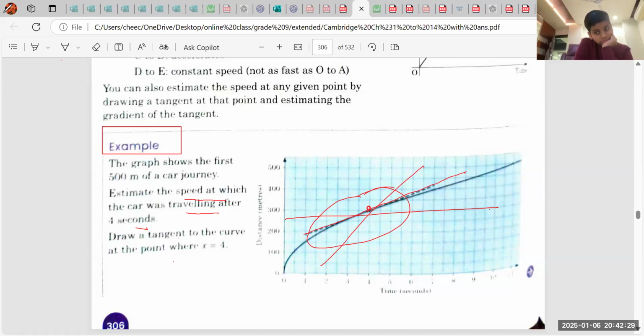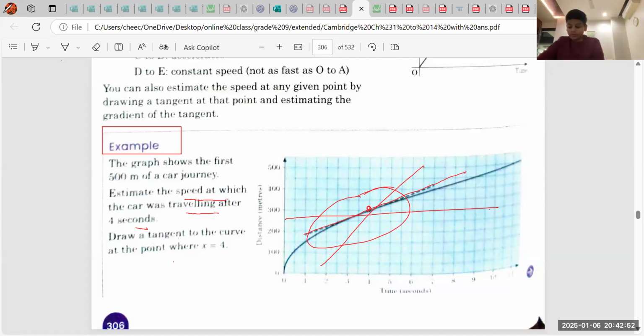I'm saying, how will you estimate the speed?